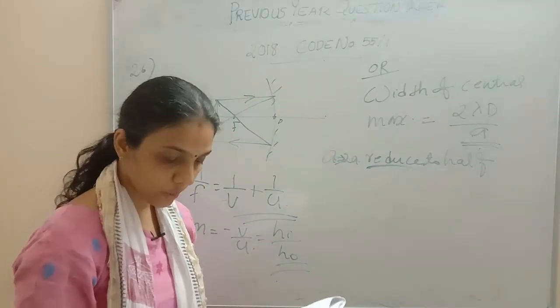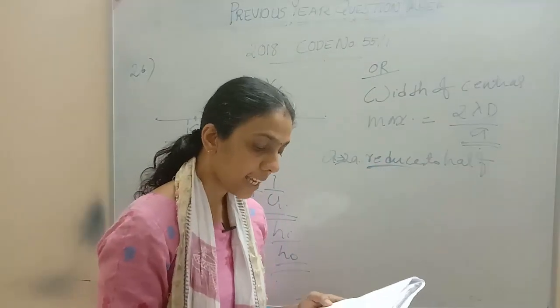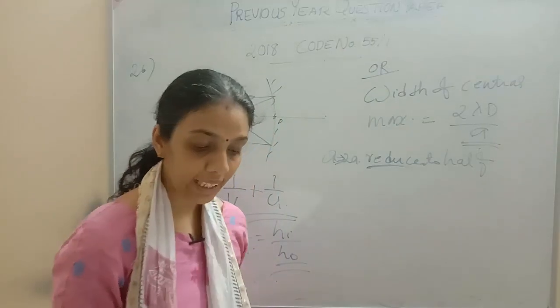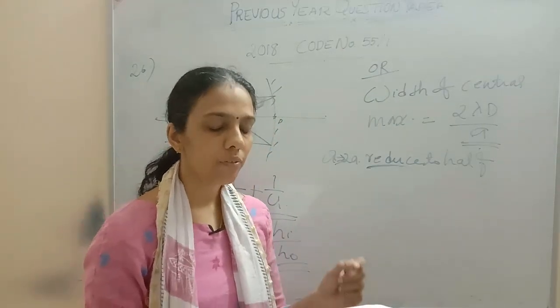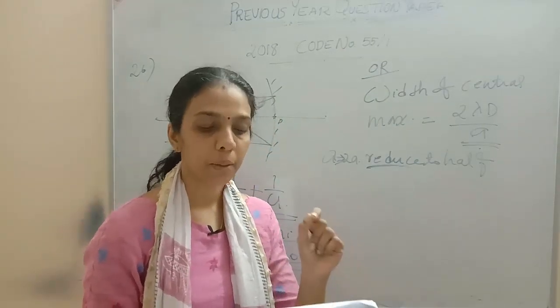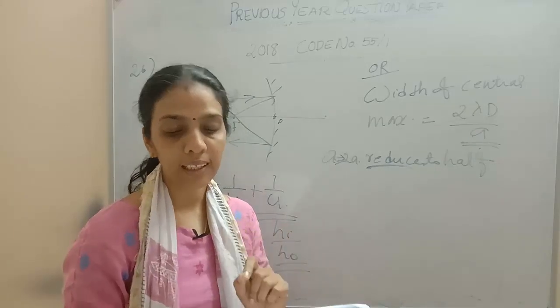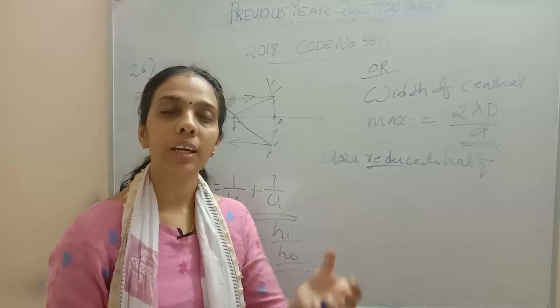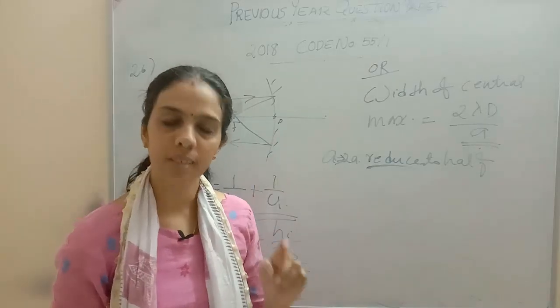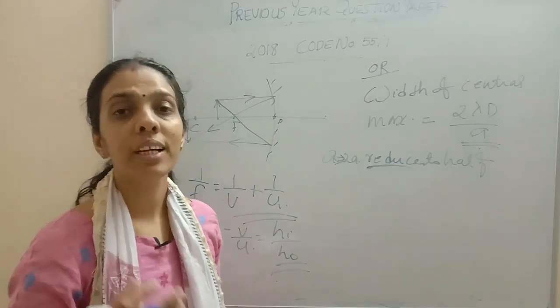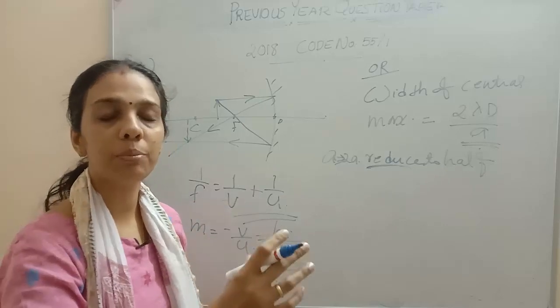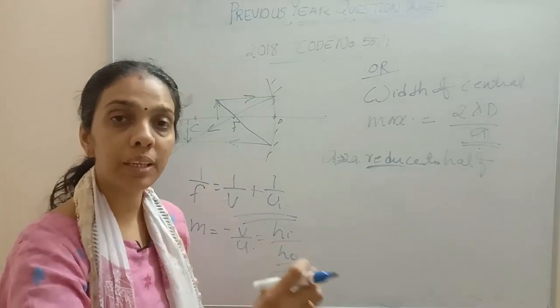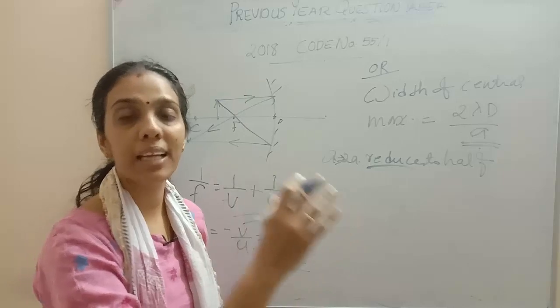Okay, so the next one is, when a tiny circular obstacle is placed in the path of light from a distant source, a bright spot is seen at the center of the obstacle. Explain why. Okay, an obstacle is there, a bright spot is seen. What is the reason? Because of diffraction. Because the central fringe will be maximum, the central bright fringe.